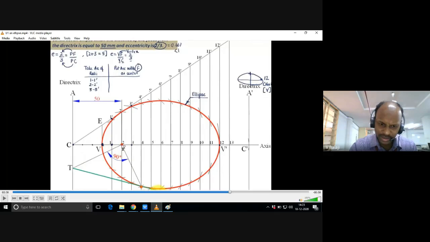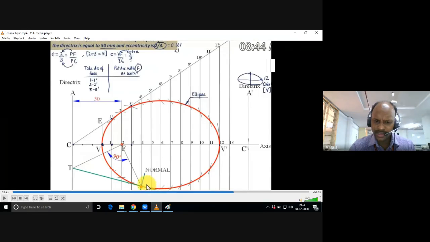This is the perpendicular I have drawn. It is meeting the directrix at this point. Join that point to the already selected point on the curve. That is going to be your tangent.